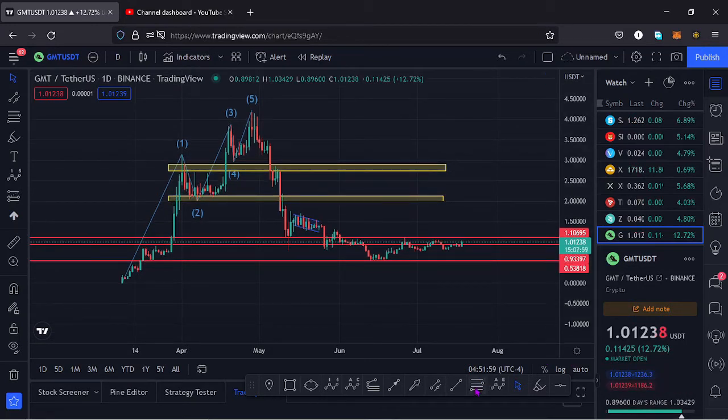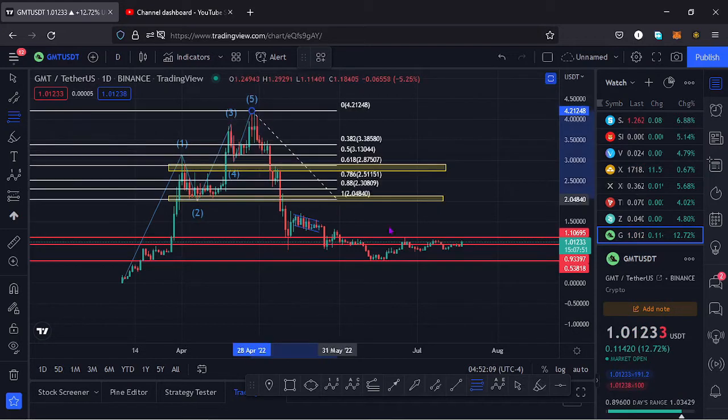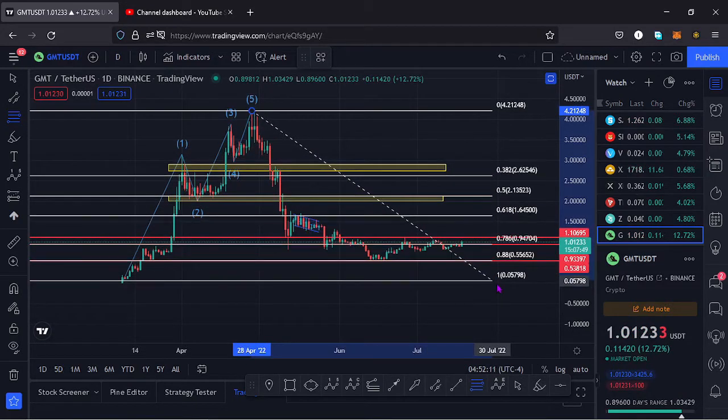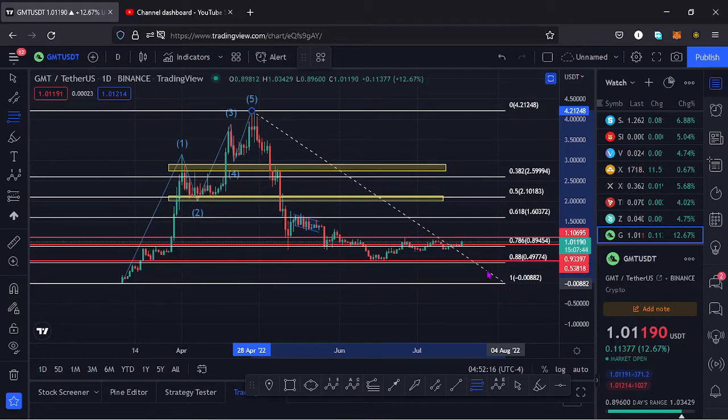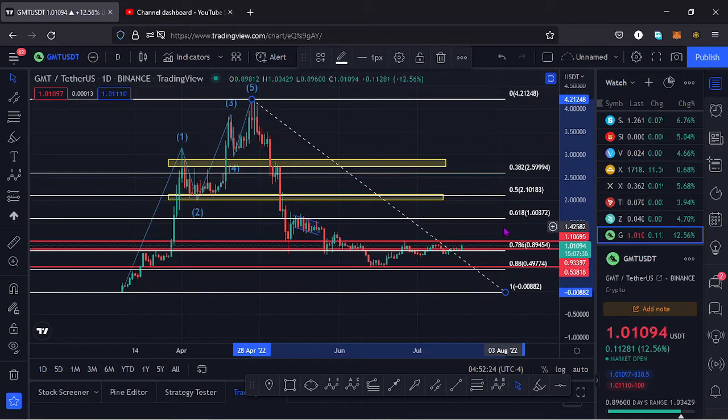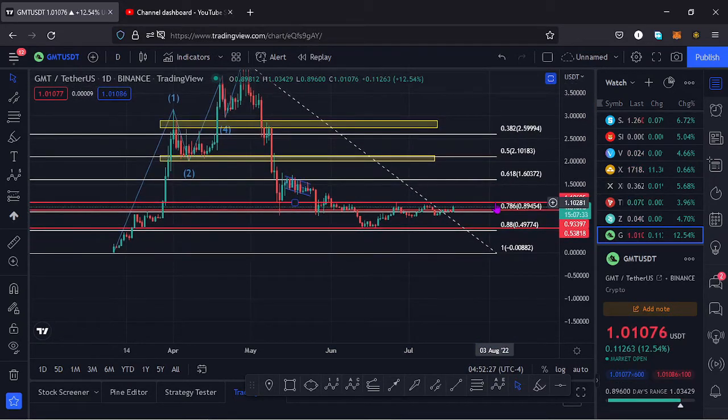If I use the Fibonacci's here to see whether this retracement to the lower side has done the minimum that we expect a retracement to do, that is the area between the Fib level 0.5 and the Fib level 0.618, you can see that GMT did that, and we even overshot those areas on the Fibonacci's and went to around the Fib level 0.88, that is at around the $0.49 mark, though we didn't touch the $0.49 mark. And from there we have started seeing this bounce to the upper side.